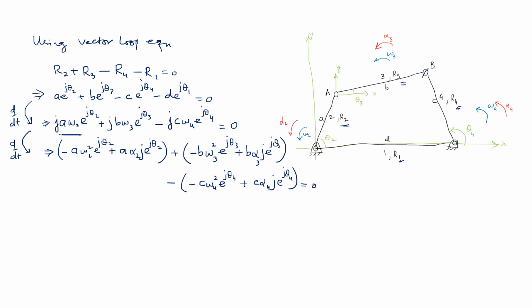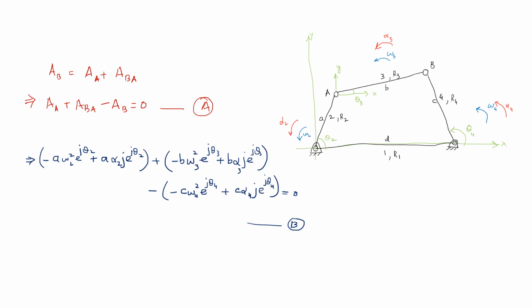Now I'll ask you to label this equation as equation B, for example, and we're going to compare the two equations that we have listed, A and B, together. You can see that over here you have AA, which is the acceleration of point A on the diagram.